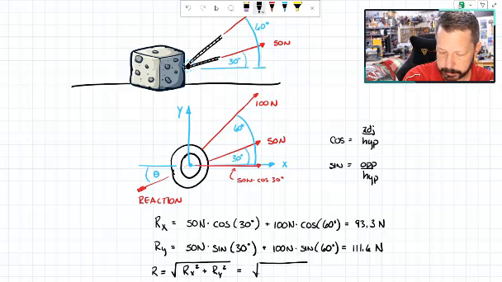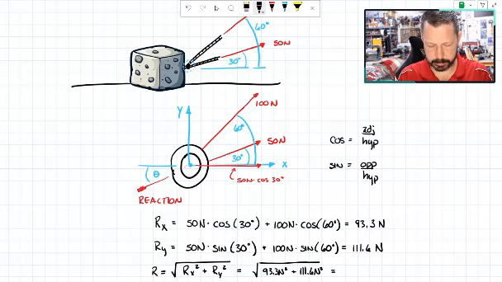So 93.3 newtons squared plus 111.6 newtons squared, and then the square root of that. Let's see. Where's the square root on here? Oh, there it is.